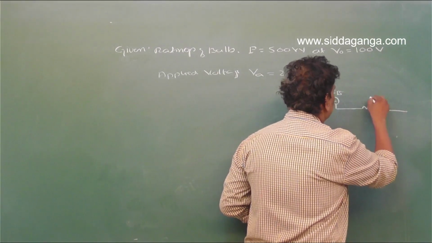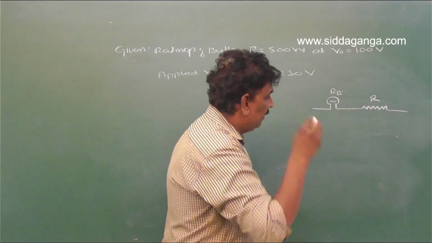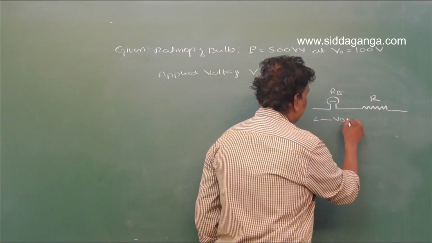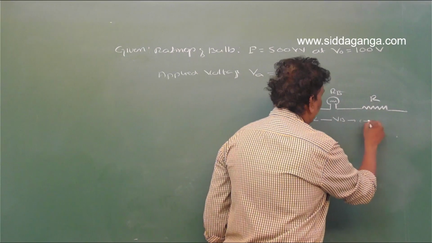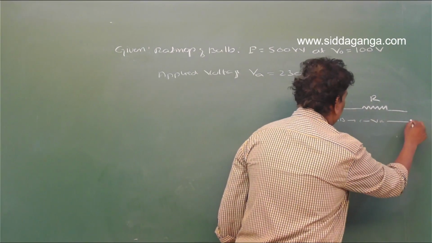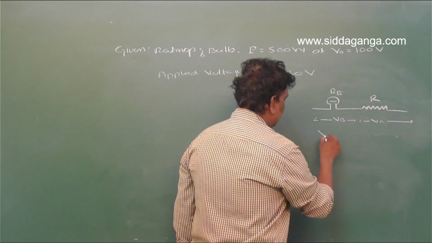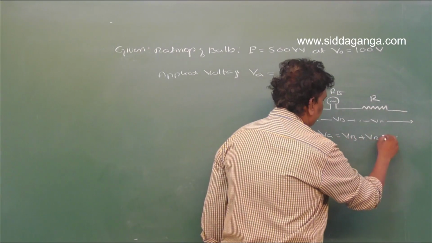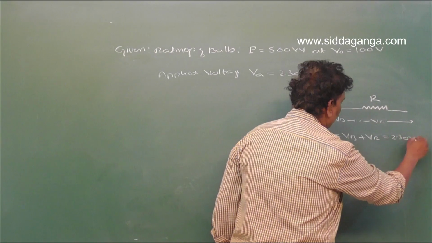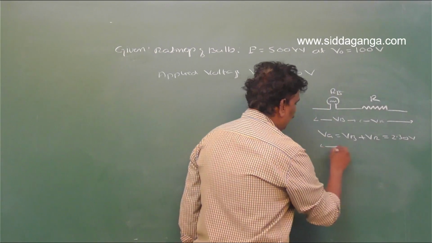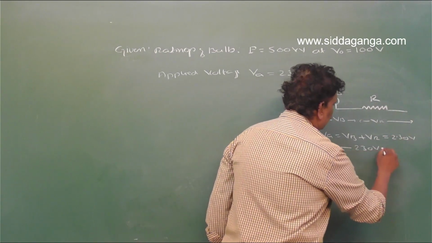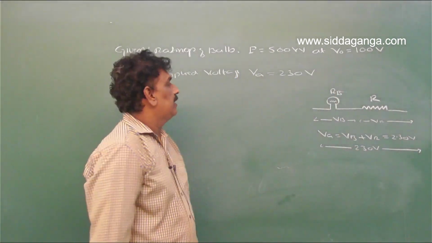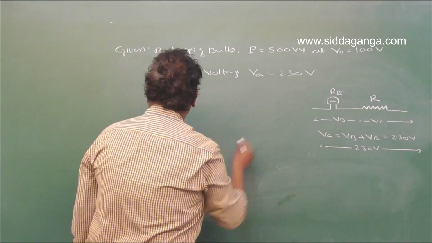Therefore, we need to connect a resistance R so that the voltage across the bulb is VB and the voltage across the resistor is VR, so that VA is equal to VB plus VR, that is equal to 230 volt. So the applied voltage is 230 volt, and now we need to find the resistance of the bulb.